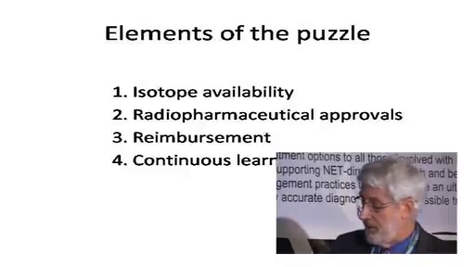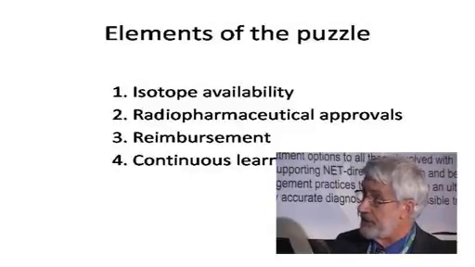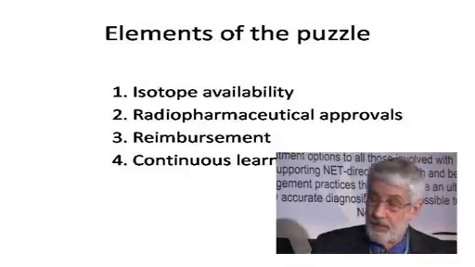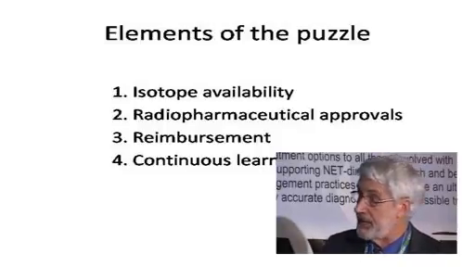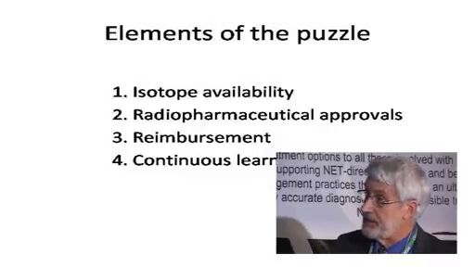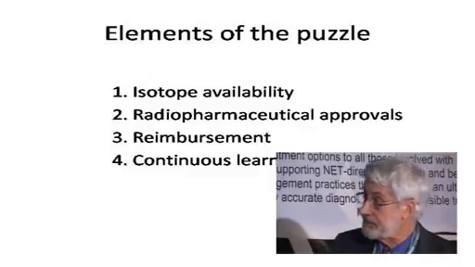And the real problem we have is that approvals are a federal issue, reimbursement is a provincial issue, and when we go to the province of Ontario, to OHIP, and ask, through the OMA, for reimbursement for the activities that are necessary to deal with neuroendocrine tumors, they say, show us the phase 3 evidence.